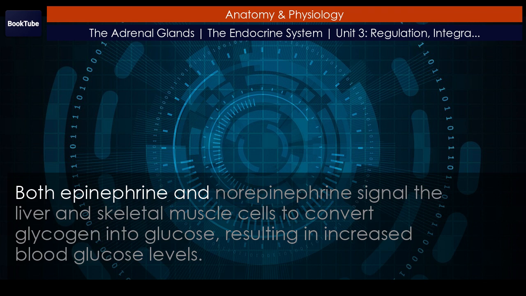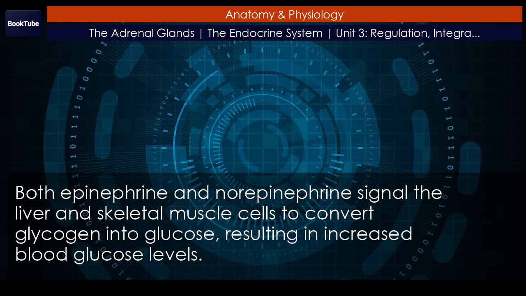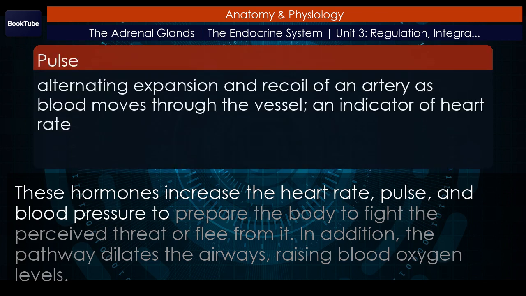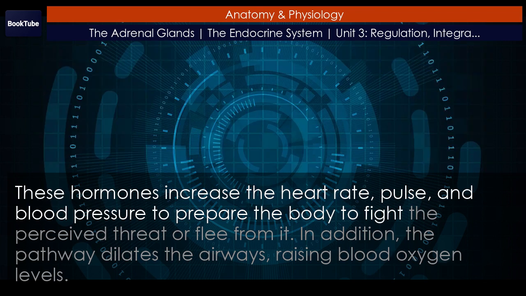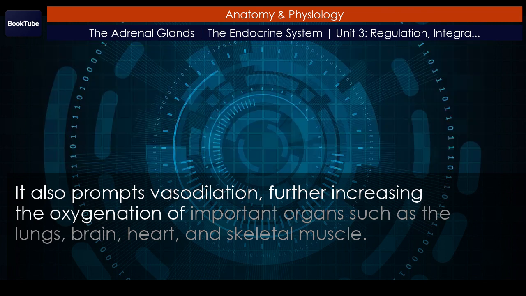Both epinephrine and norepinephrine signal the liver and skeletal muscle cells to convert glycogen into glucose, resulting in increased blood glucose levels. These hormones increase the heart rate, pulse, and blood pressure to prepare the body to fight the perceived threat or flee from it. In addition, the pathway dilates the airways, raising blood oxygen levels. It also prompts vasodilation, further increasing the oxygenation of important organs such as the lungs, brain, heart, and skeletal muscle.